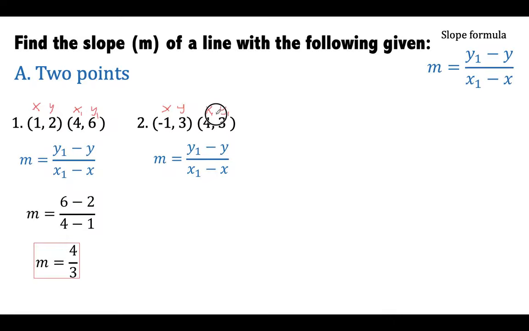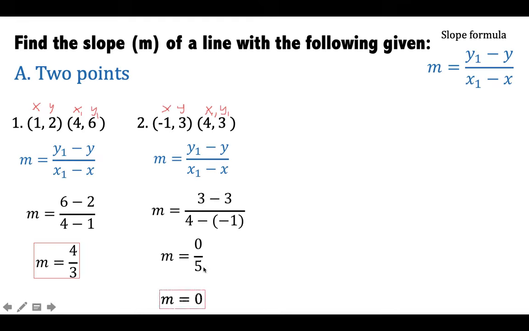Then after that, substitute. So our y sub 1 is 3, our y is 3. Our x sub 1 is 4, our x is negative 1. Then simplify. 3 minus 3 is 0. 4 minus negative 1 is positive 5. So 0 divided by 5 is 0. So our slope is 0.